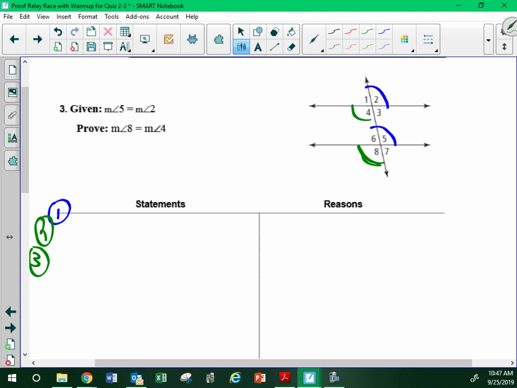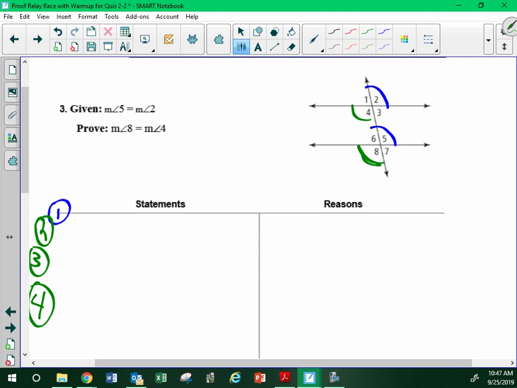So we essentially are doing transitive property where we're replacing 5 and 8, and where we're replacing 2 and 4. So 8 is equal to 5, which is equal to 2, which is equal to 4, or vice versa. And then we have to do one more step to transform it back to measures.